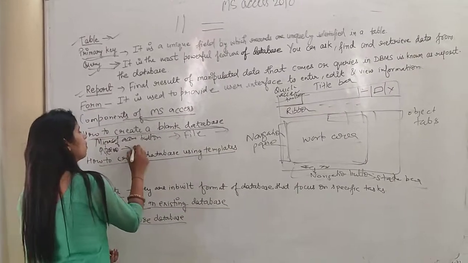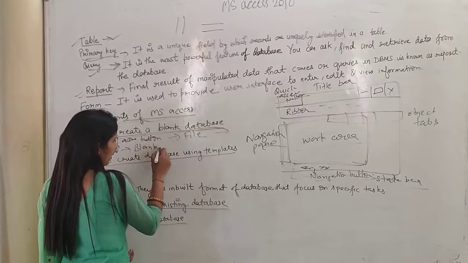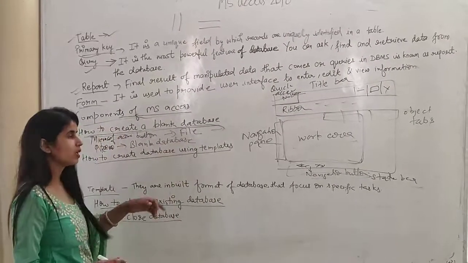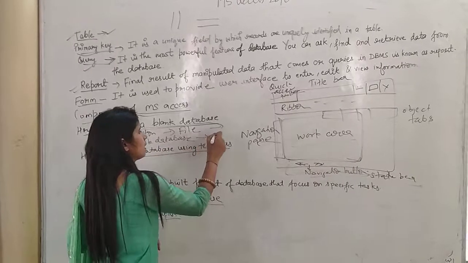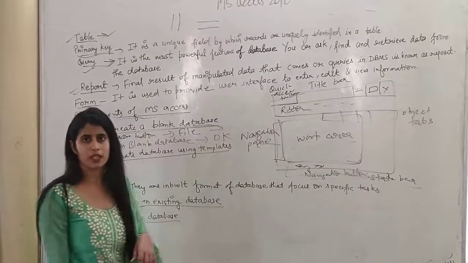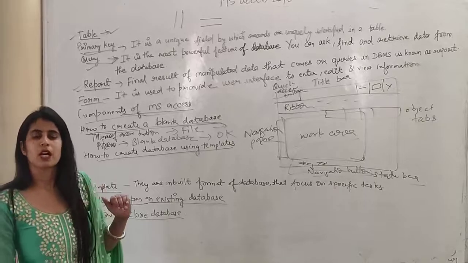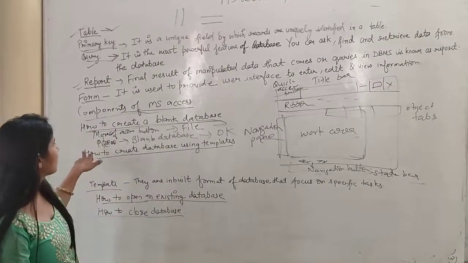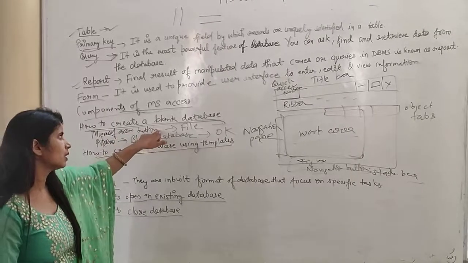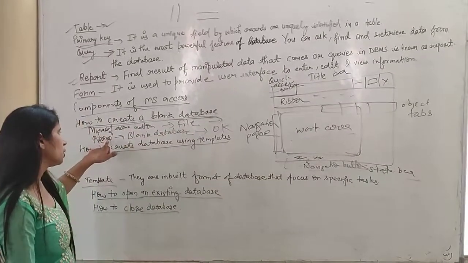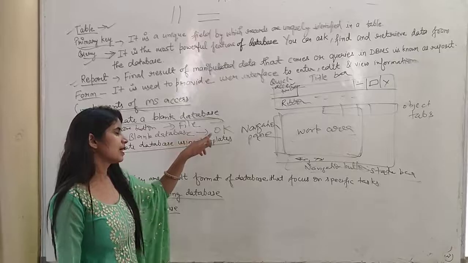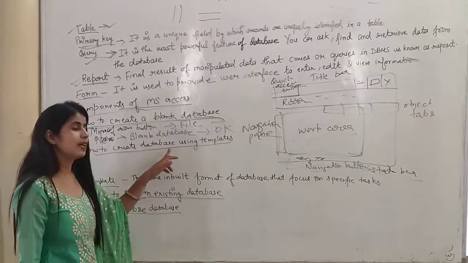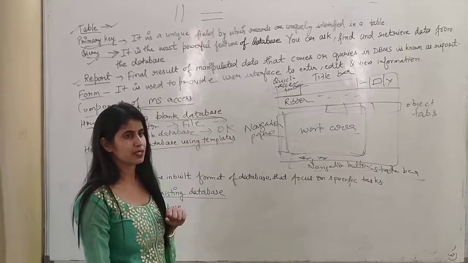After this new you will find the option blank database. And when you click on it, then okay. How to create a blank database procedure is click on Microsoft Access button, then file, then new, then blank database, and then okay.